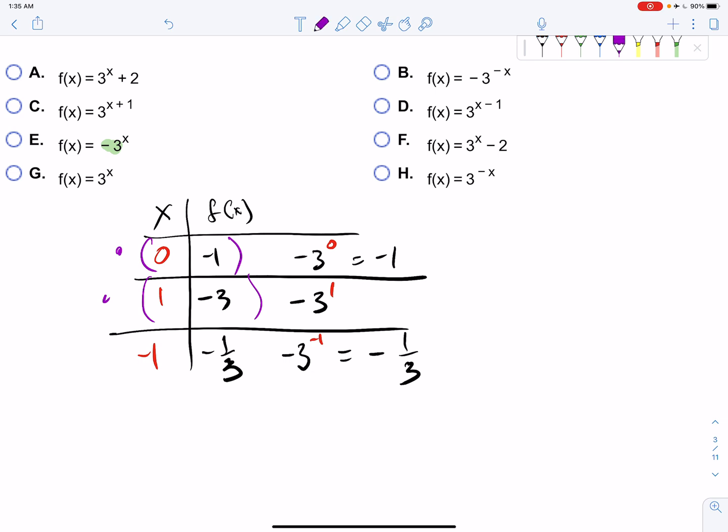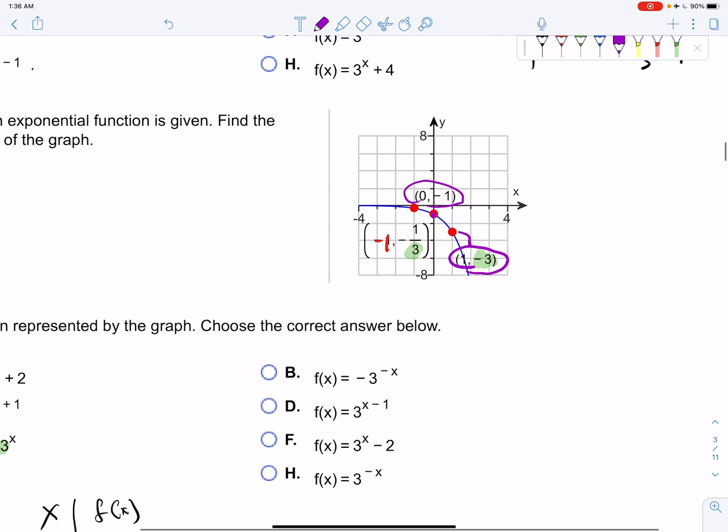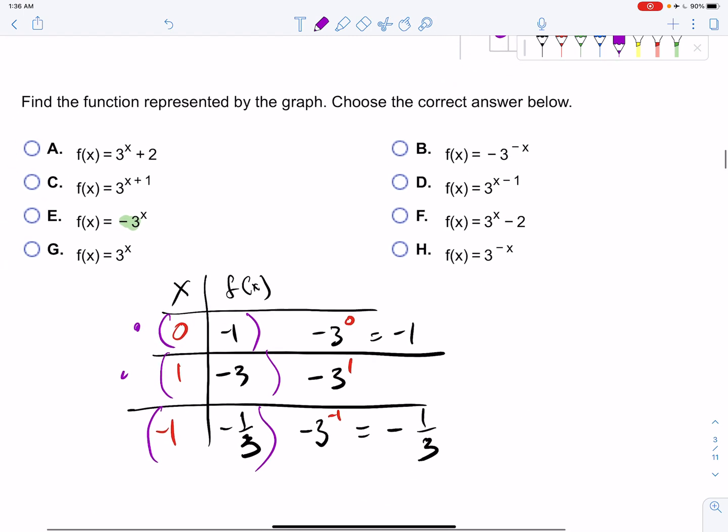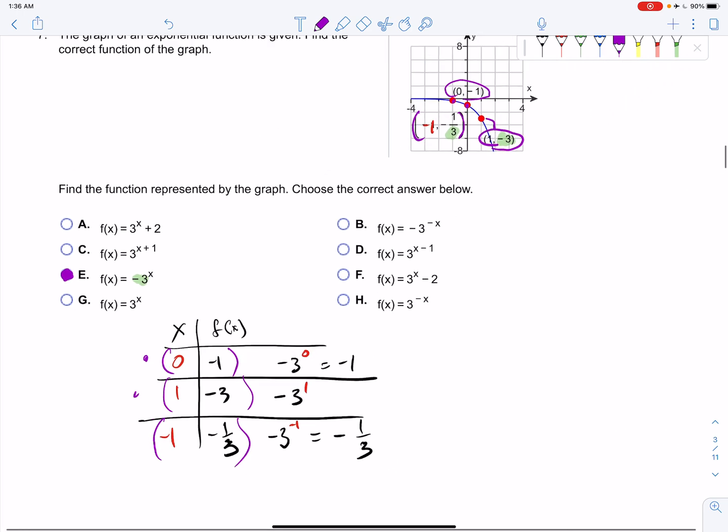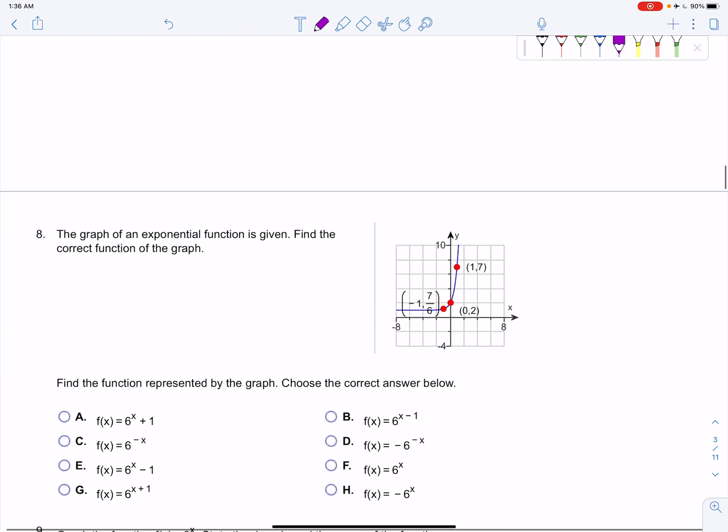Is that a point? Negative 1 comma negative 1/3. Yep, there it is right there. That is definitely a point. So that is the graph that we're able to do. And sometimes you have to do some process of eliminating and actually plotting points when you're first learning this stuff to get it to stick a little better.